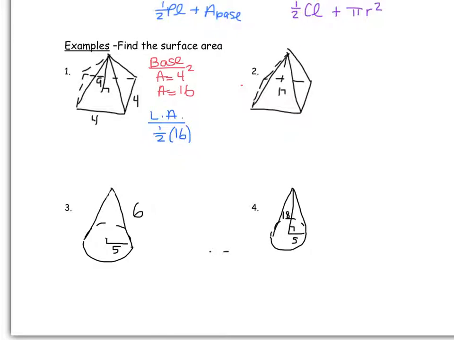To get the slant height, we need to find the height that's right here on a triangle. Not this height that goes right down the middle of the shape, but this height over here that goes down the side of the triangle. So what we're going to do is we're going to actually draw in a right triangle. We know this part is just 2 because it's half of the length of the side.